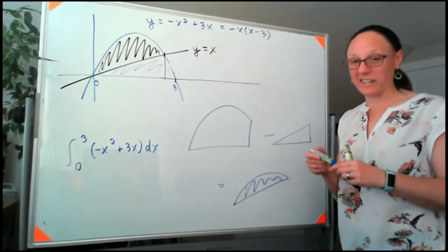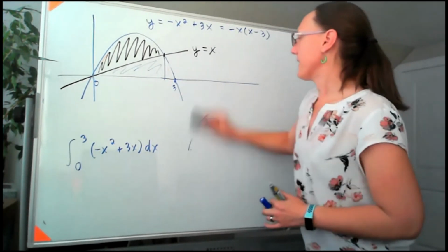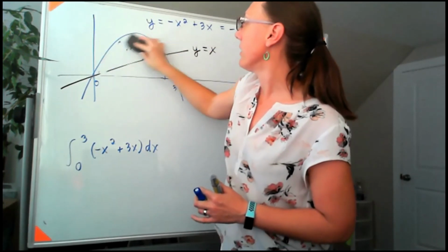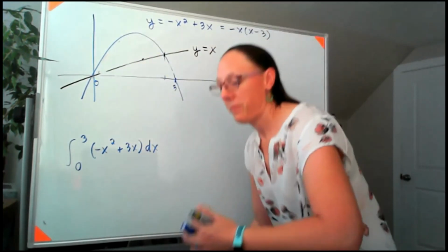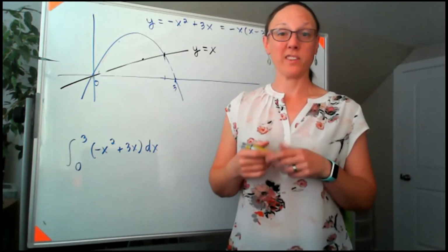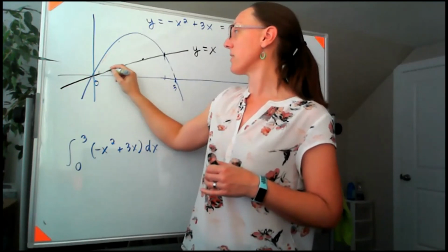Now, the way that we really do that algebra-wise is to say, if I come into this little section, and I know that finding the area under the curve, the way that we started this whole area thing was by slicing things into rectangles.